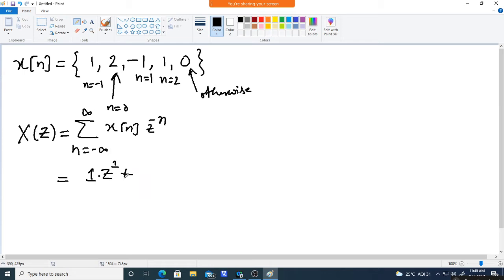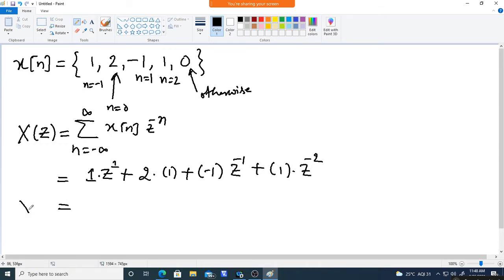Similarly, for n equal to 0, x of n is 2, and z power 0 is 1. For n equal to 1, the value is minus 1, so it becomes z power minus 1. And for n equal to 2, plus 1 into z power minus 2.